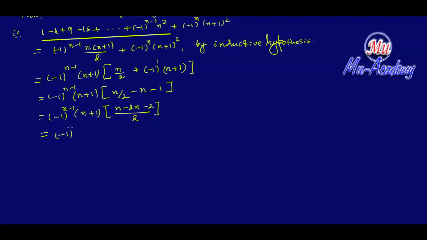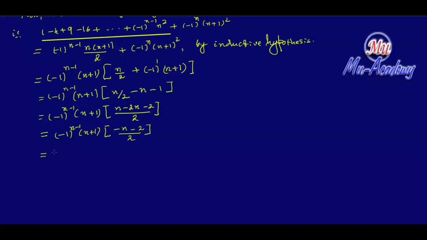and that is equal to minus 1 raised to n minus 1 n plus 1 into bracket minus n, and minus 2 is there, divided by 2.